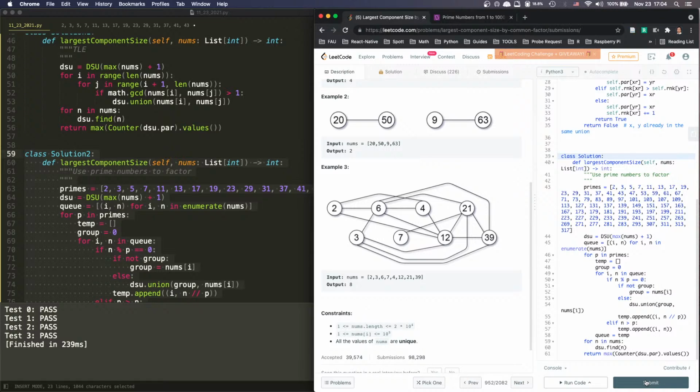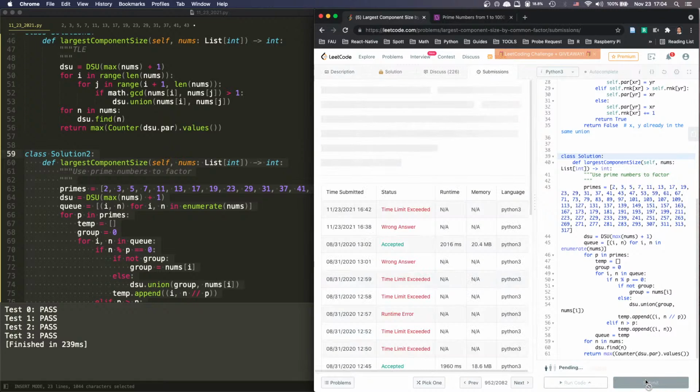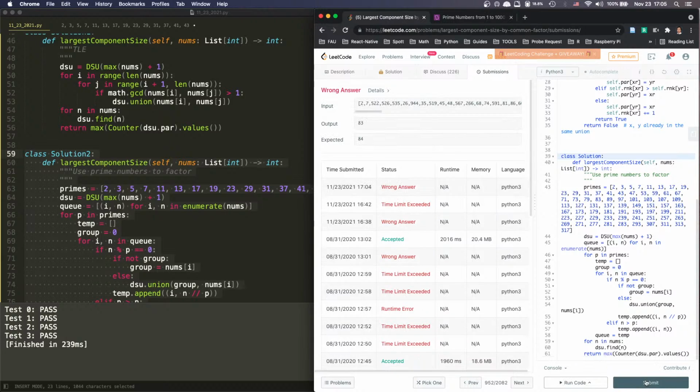Let's go. Come on. Come on. Come on. Oh, wrong answer. That is different. Shoot. That'll be hard to debug. That will be hard to debug.